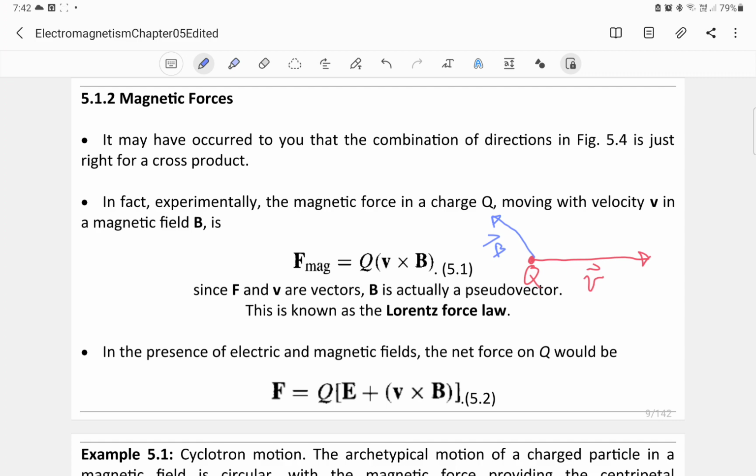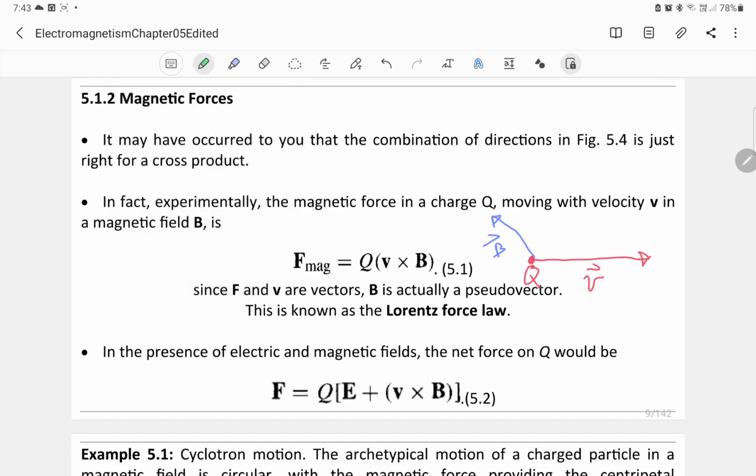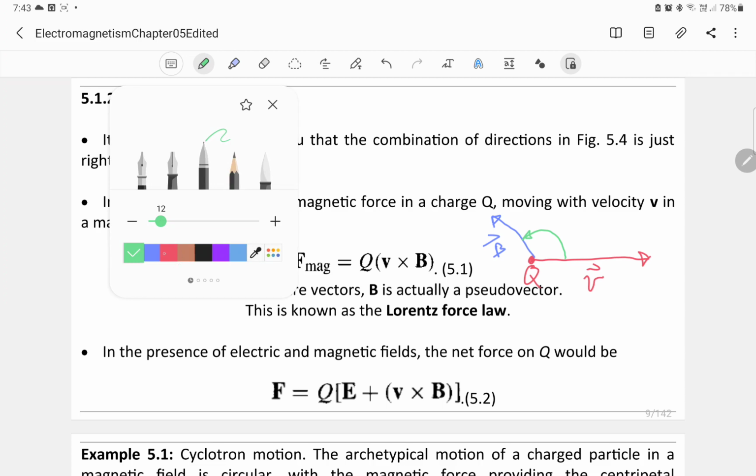Using your right hand, you'll be able to get the direction of the force. You just have to cross v to B. So if you cross v to B, your force would be here.